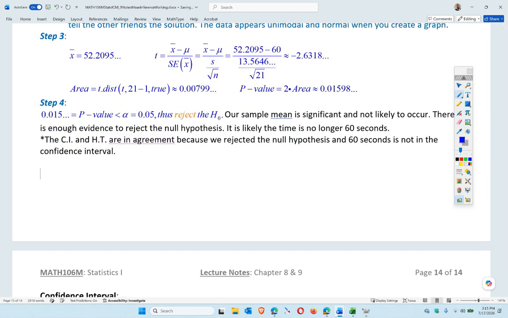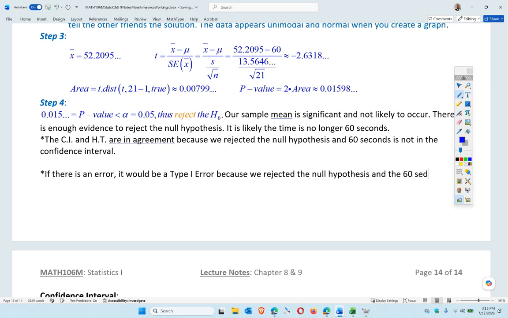So if there is an error, it would be a type 1 error because we rejected the null hypothesis, and the 60 seconds might be true, right?